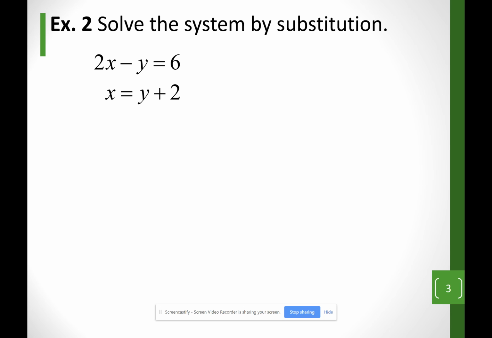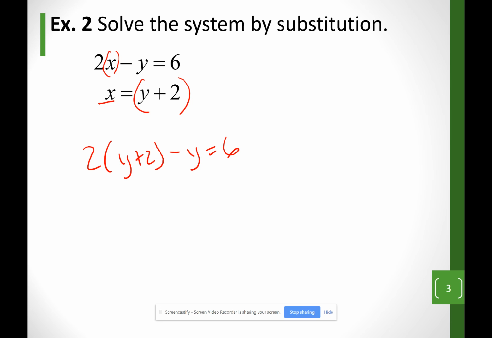For substitution, in one of our equations one letter has to be by itself, and I'm going to replace that letter in the other equation with everything it is equal to. So I'm going to rewrite the first equation, but instead of x, I'm going to write y plus 2. So I have 2 times (y plus 2) minus y is equal to 6.